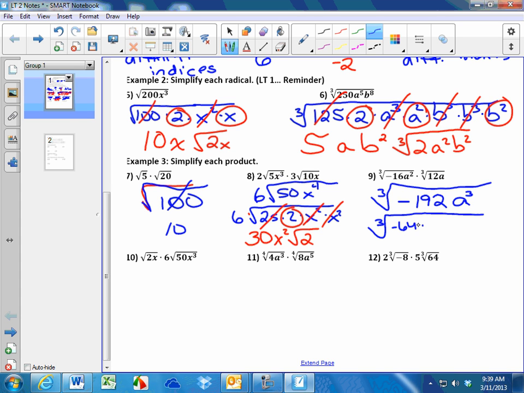Times 3 times a cubed. The 3. All right, running out of room, so I'll go to the side. Final answer? Negative 4. Yep. And then an a, because the cube root of a cubed, yep. And then the 3 is still left under.